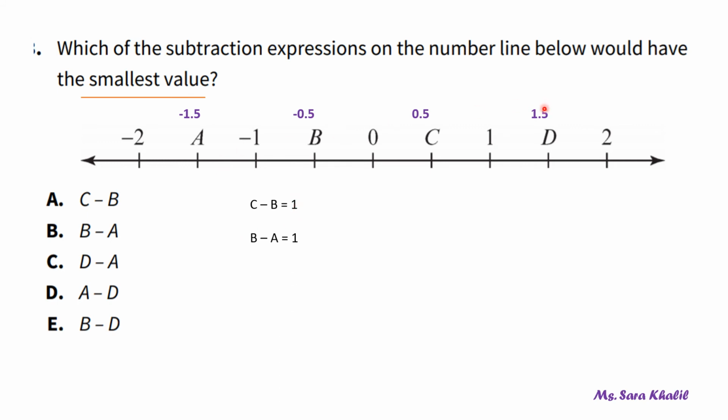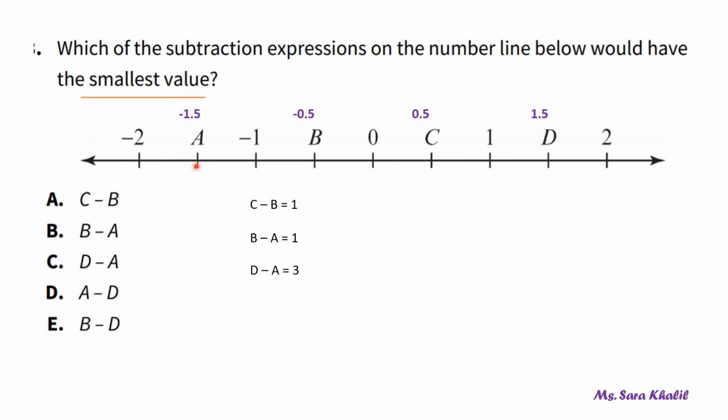So do you think D minus A? Again, that's also from the left to the right, and that will also give me a positive answer. I don't care what exactly the answer is, but it's a positive answer. But if you observed quickly D and E, you would have thought it's one of them, because these are the ones that would give me negative answers, and these are the ones that would give me the smallest values.